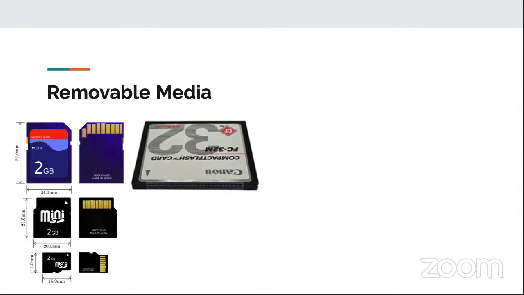Here's another one that you may have seen sometimes in cameras or in routers, like Cisco routers. They tend to use this. They use compact flash.